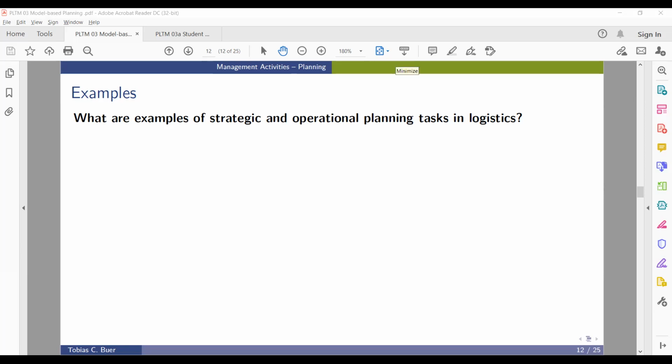You can either write in the chat or you can unmute yourself and explain it to us. Nothing wrong will happen if it's not perfect.